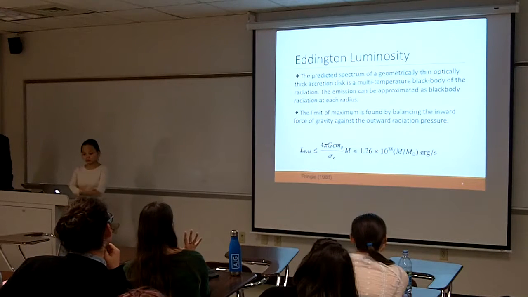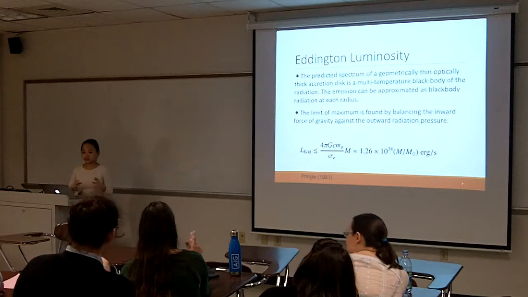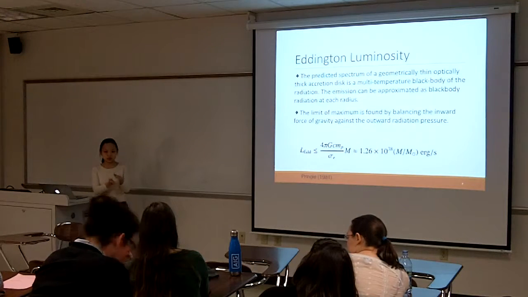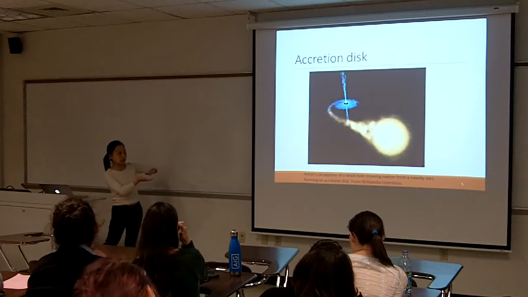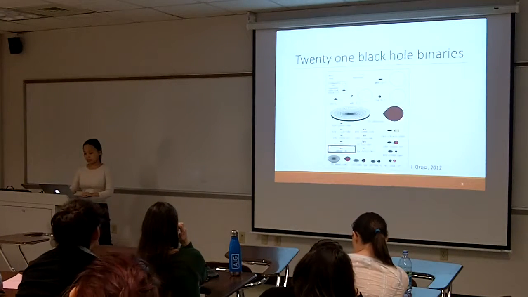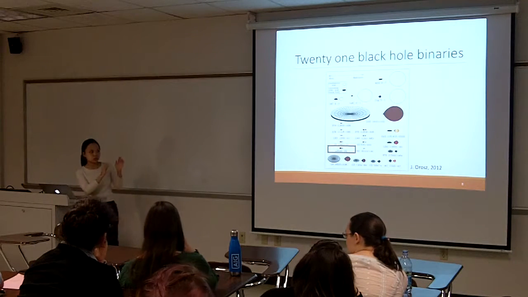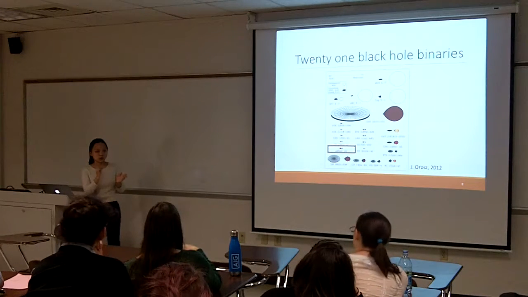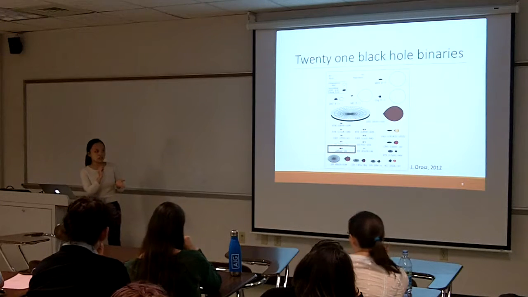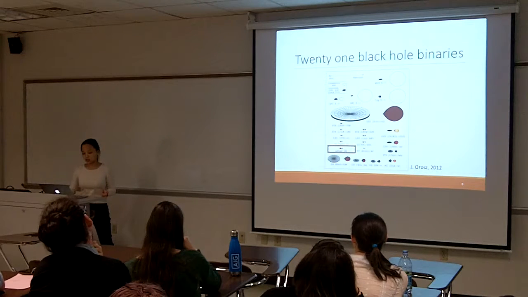Can you expand more on what you mean by geometrically thin and optically thick? Geometrically thin means that the actual shape is really thin. And optically thick means that you just can't see through it? Probably it means that a photon will encounter several collisions to go through that material. That's what optically thick means, I think.